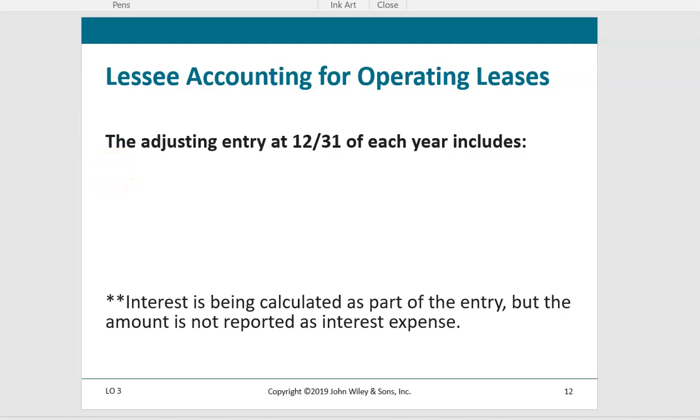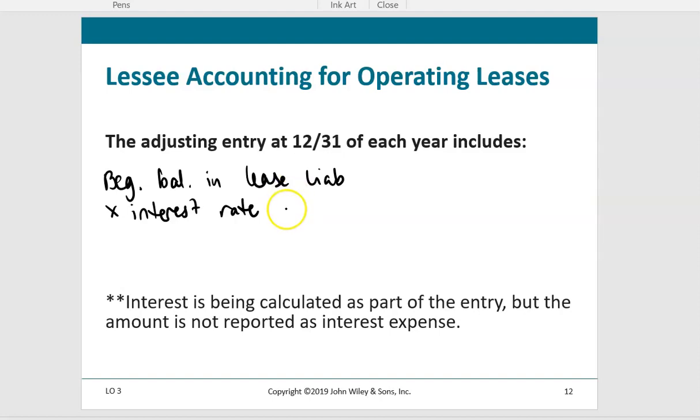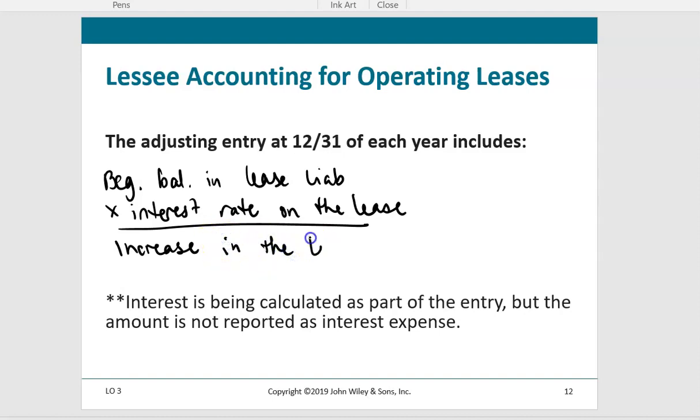And the amount of the increase in the lease liability is determined as the beginning balance in the lease liability in that period, multiplied by the interest rate on the lease. Remember, from the lessee's perspective, we're using the interest rate that's implicit in the lease agreement if it's known. Otherwise, we use the lessee's incremental borrowing rate. The lessor always knows the interest rate that's implicit in the lease. Whereas we recorded this previously in the finance lease as interest expense, now we're recording it as an increase in the lease liability.